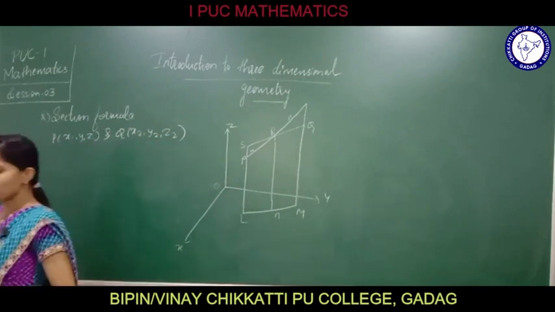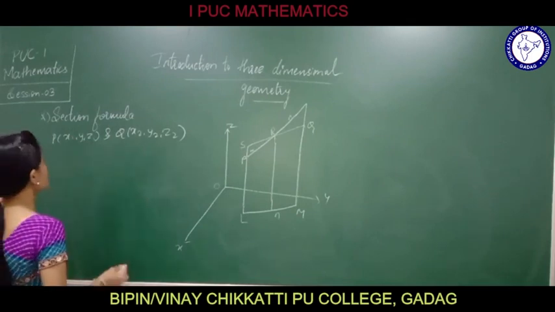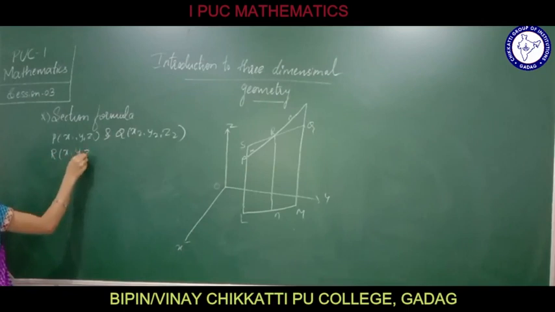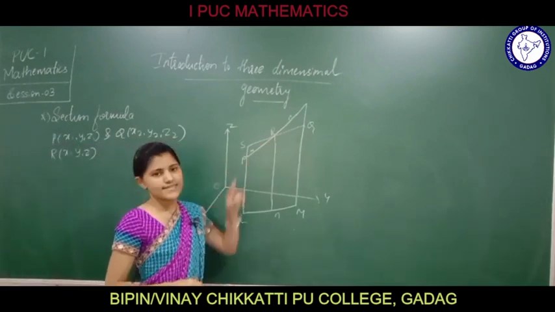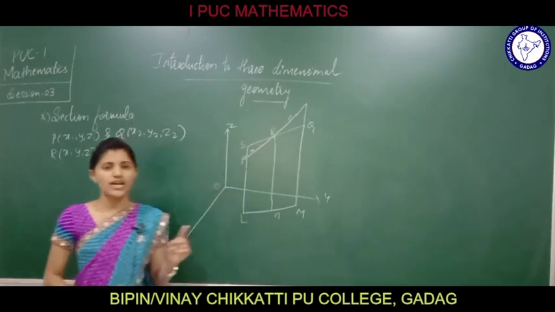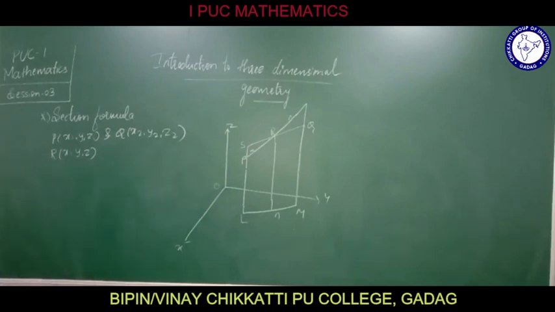Let R of x, y, z divide PQ in the ratio m is to n respectively. Let us consider one more point, R of x, y, z, which is dividing PQ externally in the ratio m is to n respectively.